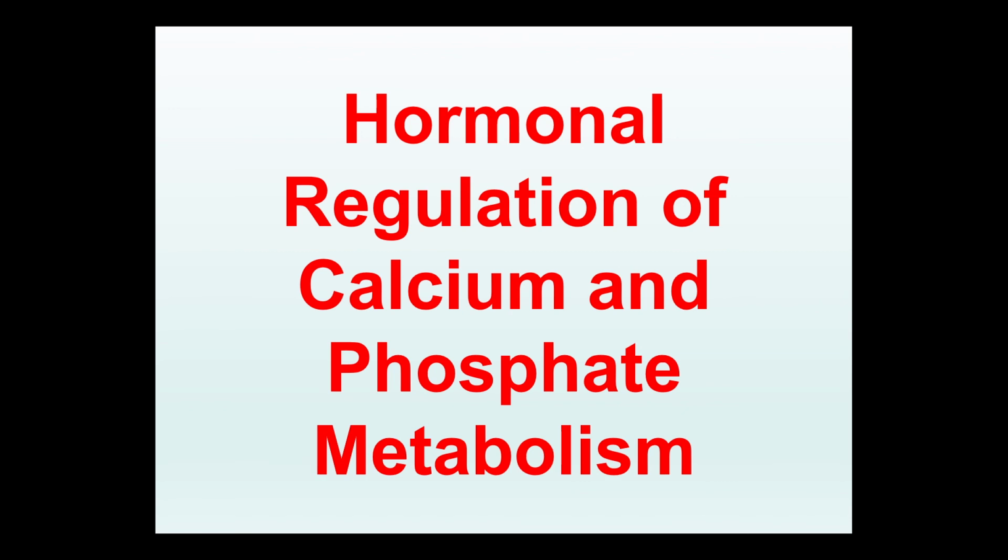The control of the body calcium concentration is very important. The components of the system that maintain calcium homeostasis include cell types that sense changes in extracellular calcium and release calcium-regulating hormones, and the targets of these hormones, including the kidneys, bones, and intestines.